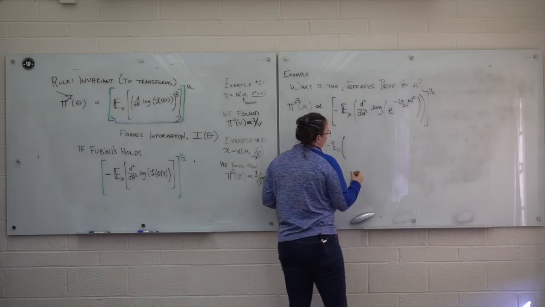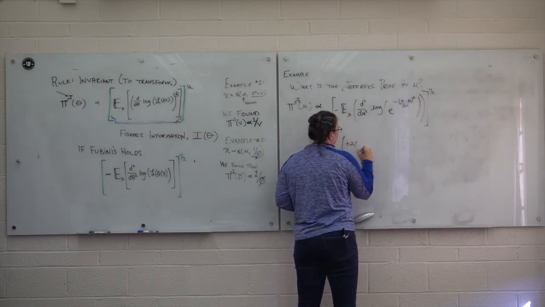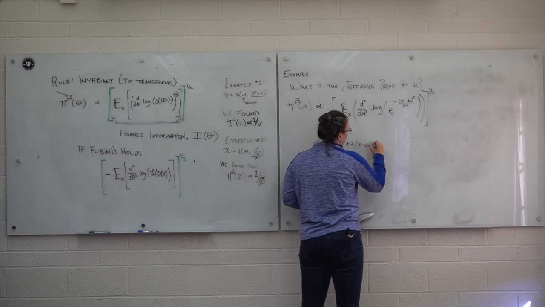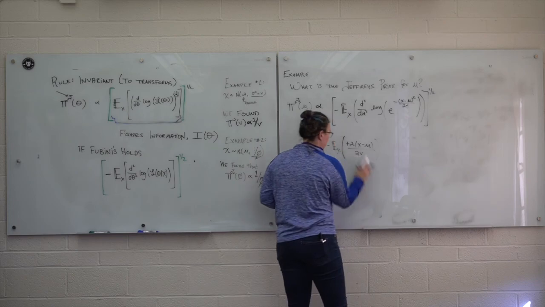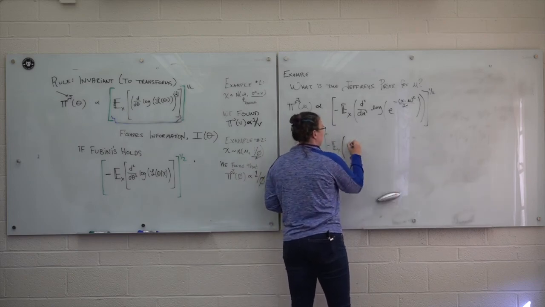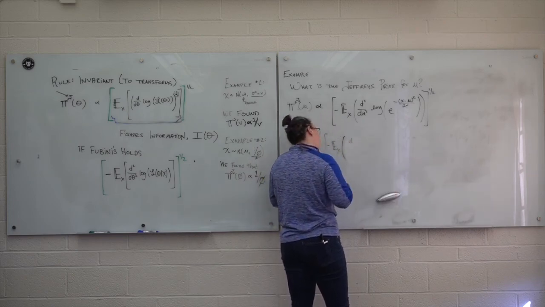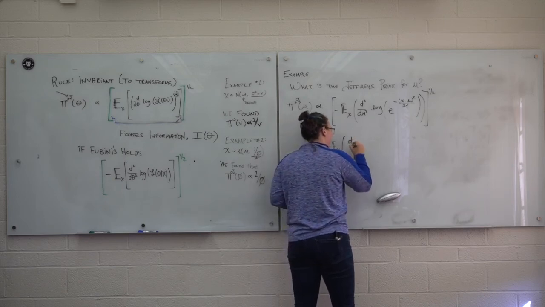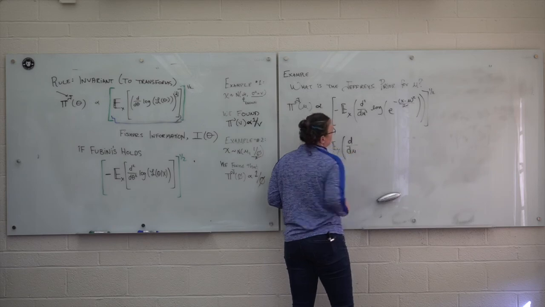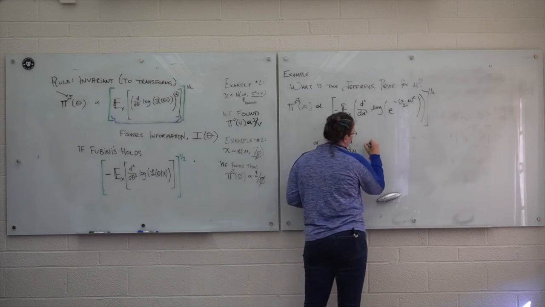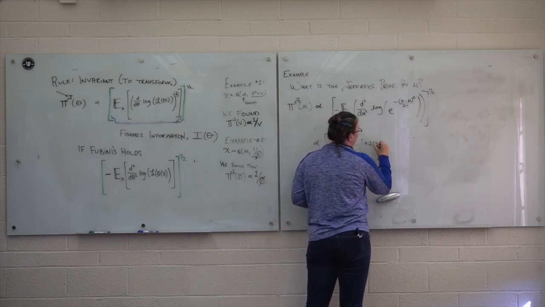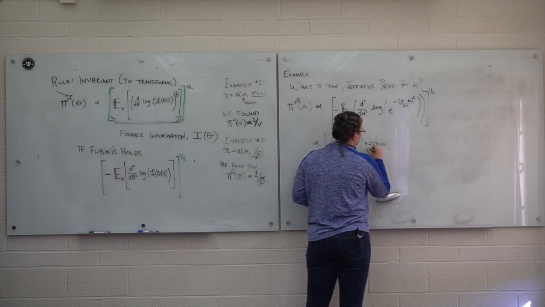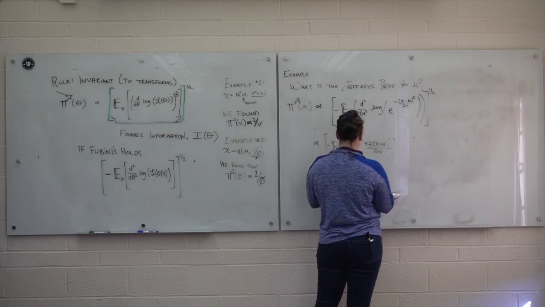Then you're going to do the chain rule, and you're going to see you'll get x minus mu over v, d mu. After the first derivative, you'll get positive 2 times x minus mu over 2v.